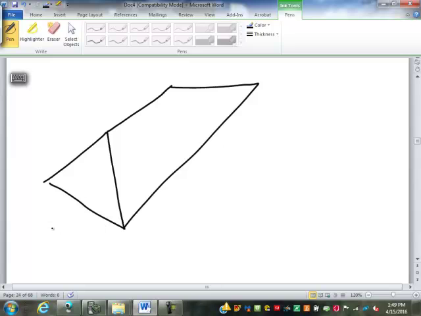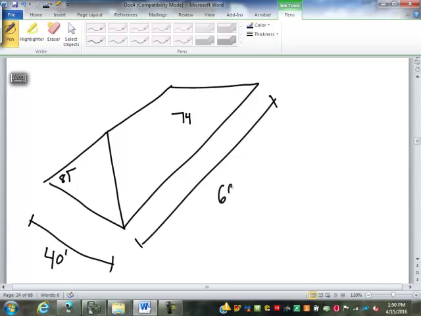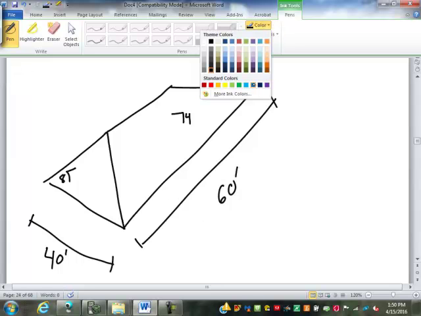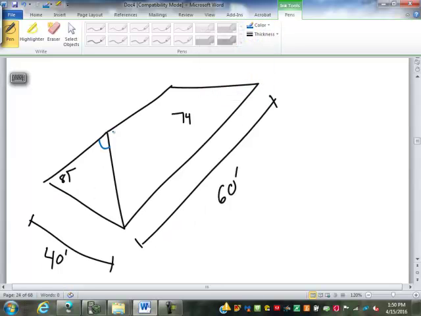So let's say, we're going to go unconventional right away just for the fun of it, this is 8/12, this is 4/12. We'll give this a span of 40 feet and a length of 60 feet. I want to know this angle, this angle, this angle, this angle.